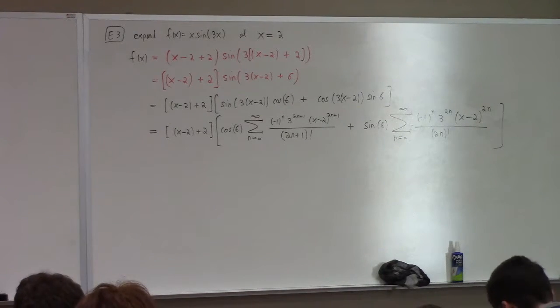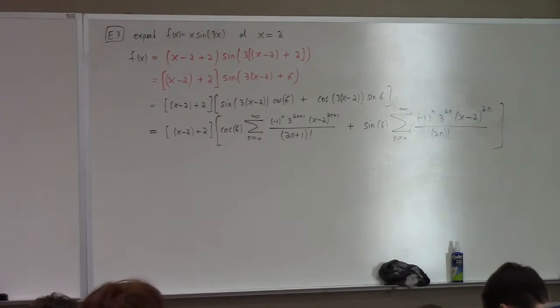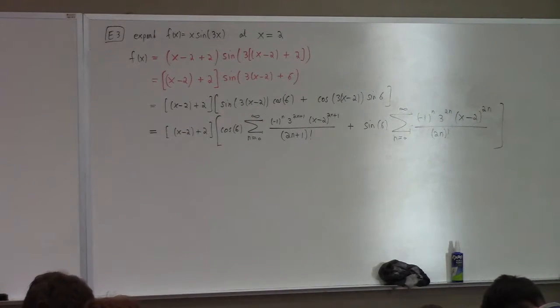And then the unpleasant thing is, now I have to multiply x minus 2 onto both things and 2 onto both things, right?